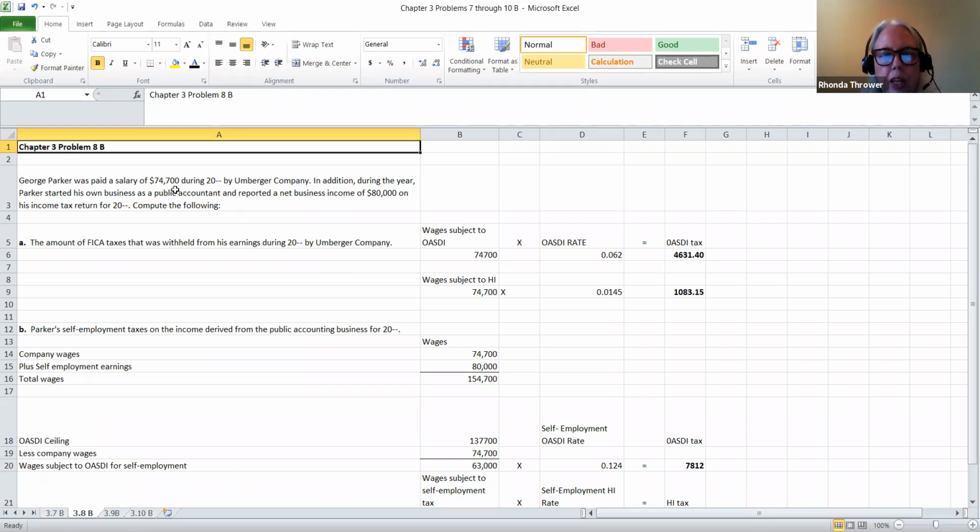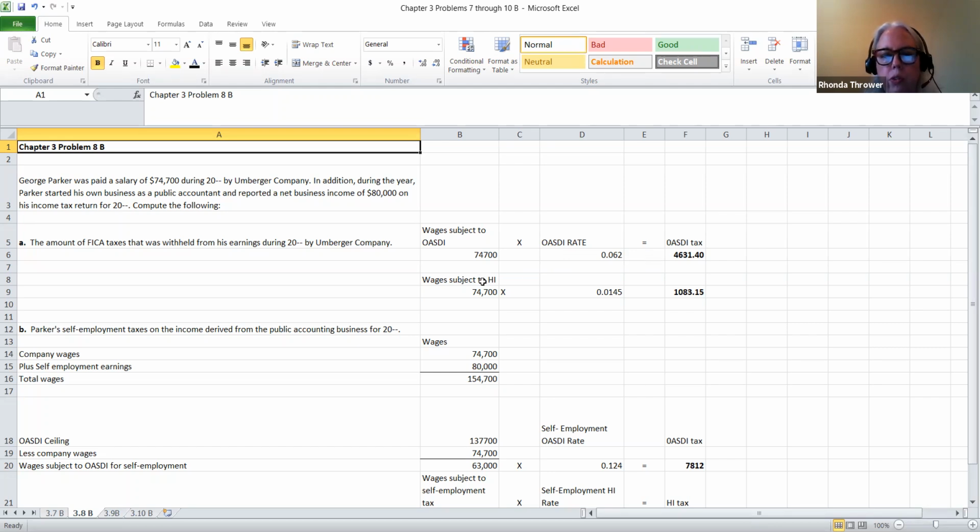Because he's under the ceiling, all of those wages are going to be subject to OASDI, or your Social Security taxes, of 6.2%. So $74,700, the salary that he was paid by Umberger, the OASDI rate is 6.2%. They would take 6.2% out of his earnings, which would amount to $4,631.40. We multiply these to get this.